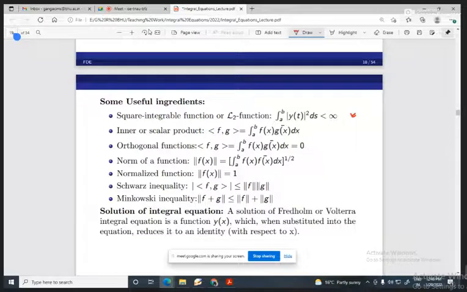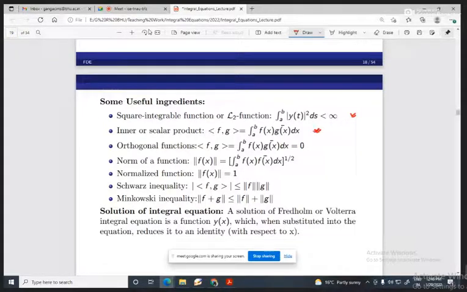The inner product of two functions is defined this way, as you know from linear algebra, the inner product space.